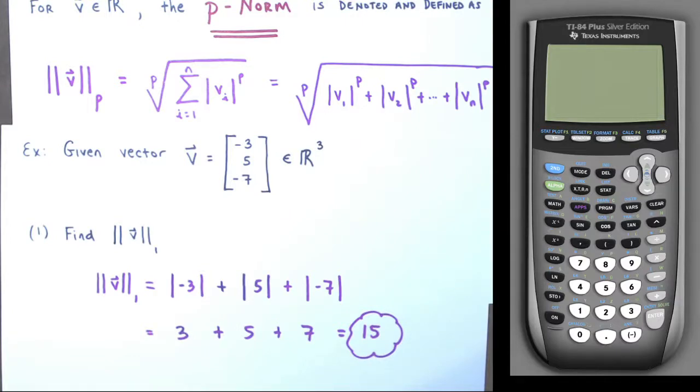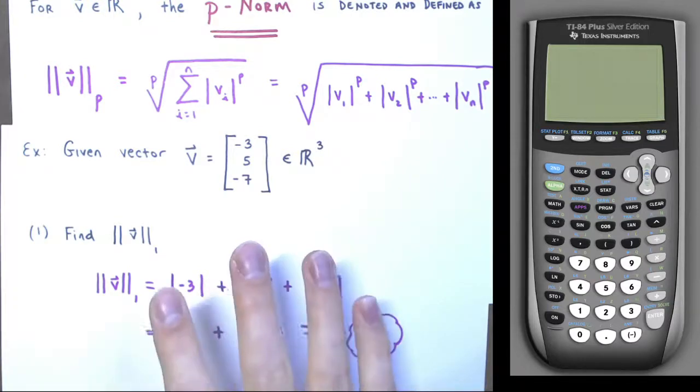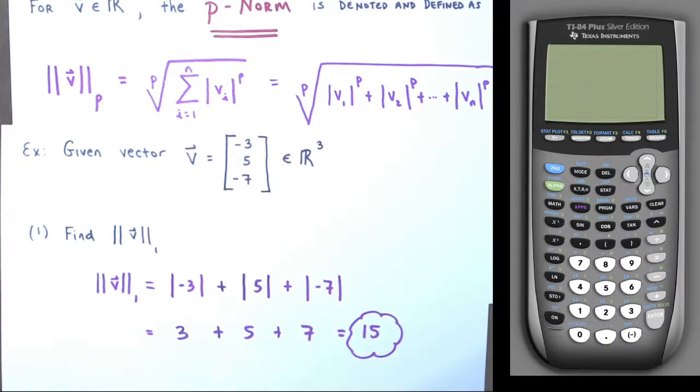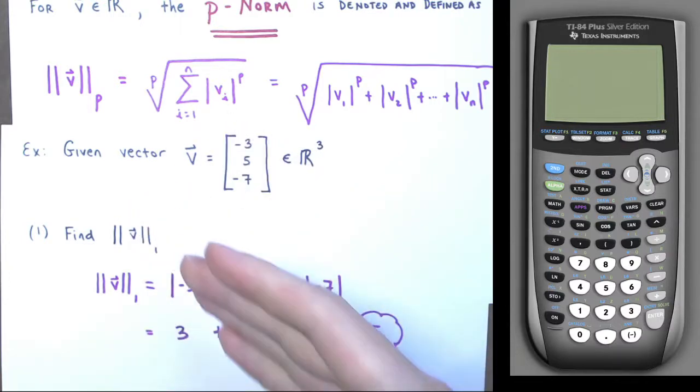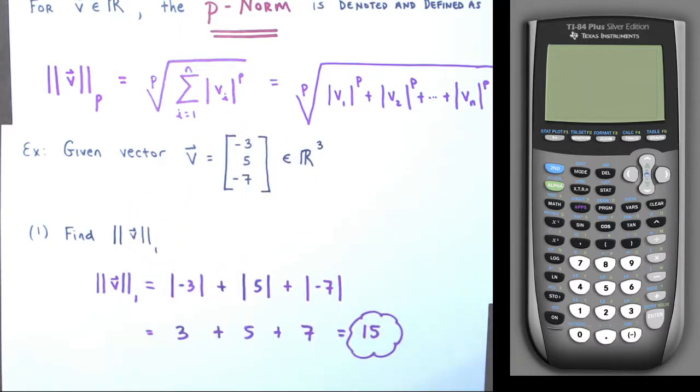I'm not going to really get into that, but if you'd like to look it up, please do. So that was the 1 norm of a vector. Notice it's totally different than the norms we were finding earlier, but it's still considered a valid norm. This 1 norm satisfies the 3 properties that every norm should: the positivity, the homogeneity, and the triangle inequality.